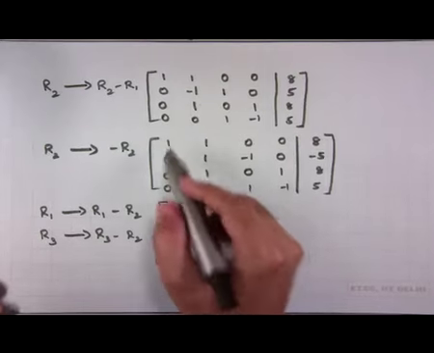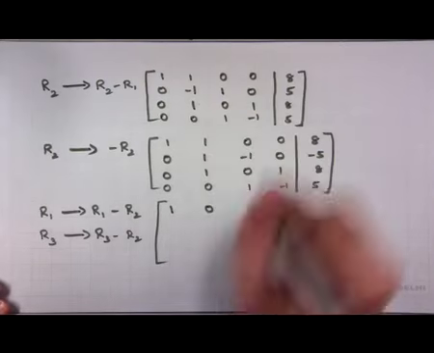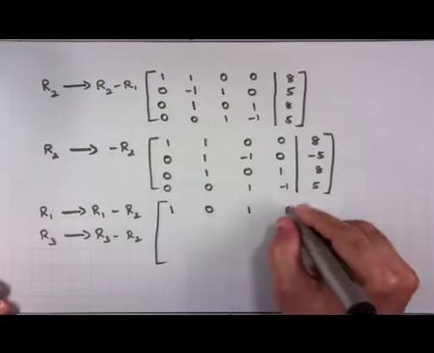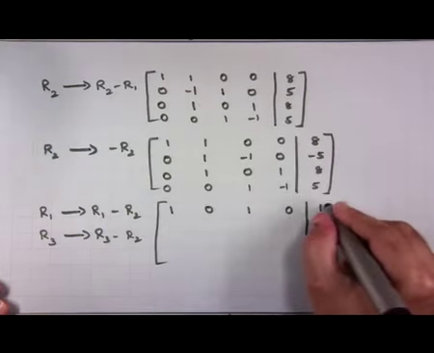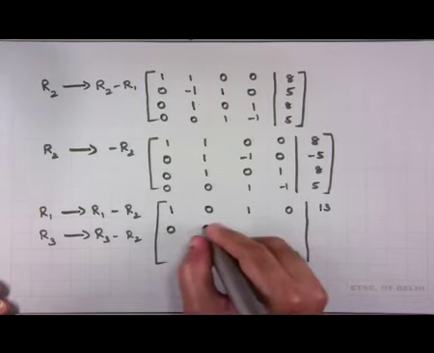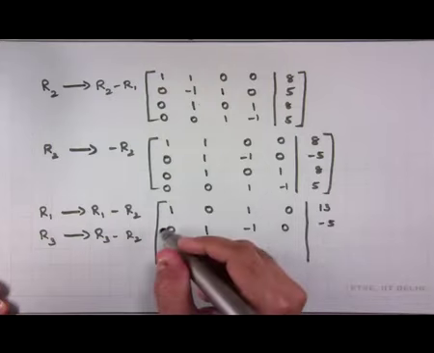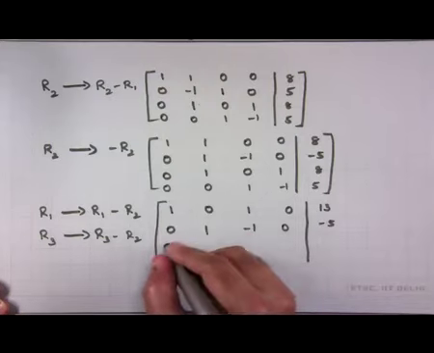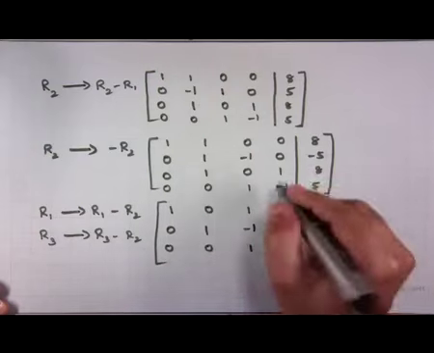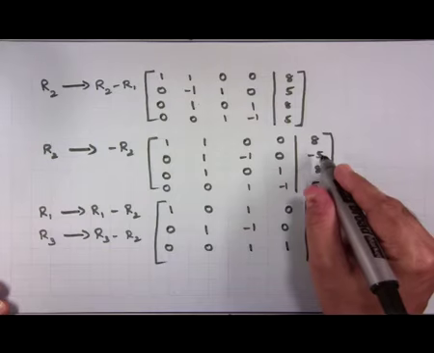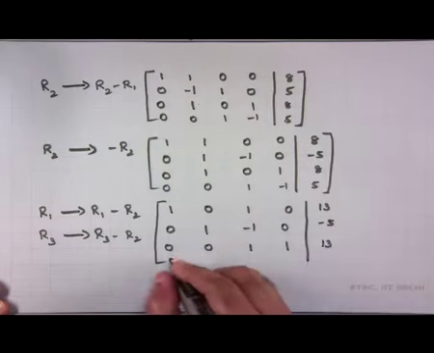R 1 minus R 2: 1 minus 0 which is 1, 1 minus 1 you have 0, 0 minus minus 1 you have 1, 0 minus 0 you have 0, 8 minus minus 5 you have 8 plus 5 which is 13. Second row remains as it is. Third row is replaced by R 3 minus R 2: 0 minus 0 you have 0, 1 minus 1 you have 0, 0 minus minus 1 you have 1, 1 minus 0 is 1, 8 minus minus 5 which is 8 plus 5 you have 13. Last row remains as it is.